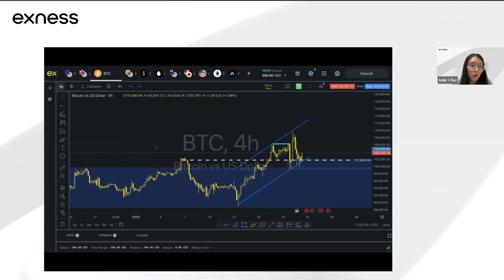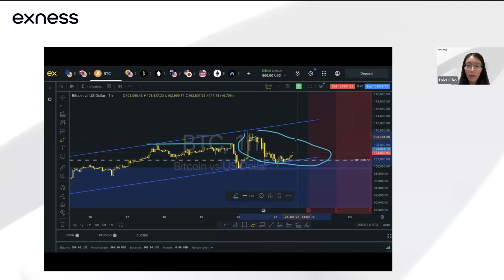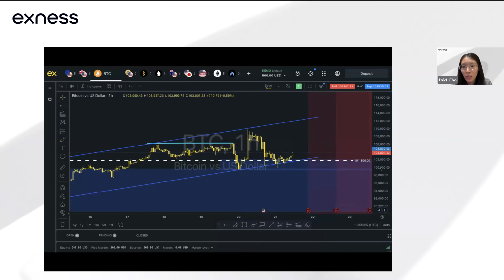So what I would like to observe on the lower time frames, you can go down to the 15 minutes or the 1 hour, is the most recent pullback. Even though it's just a few candles that we are observing on the higher time frames like the 4 hours, if you go down to the 1 hour or 15 minutes time frame, you actually see that this pullback was characterized by lower lows and lower highs.